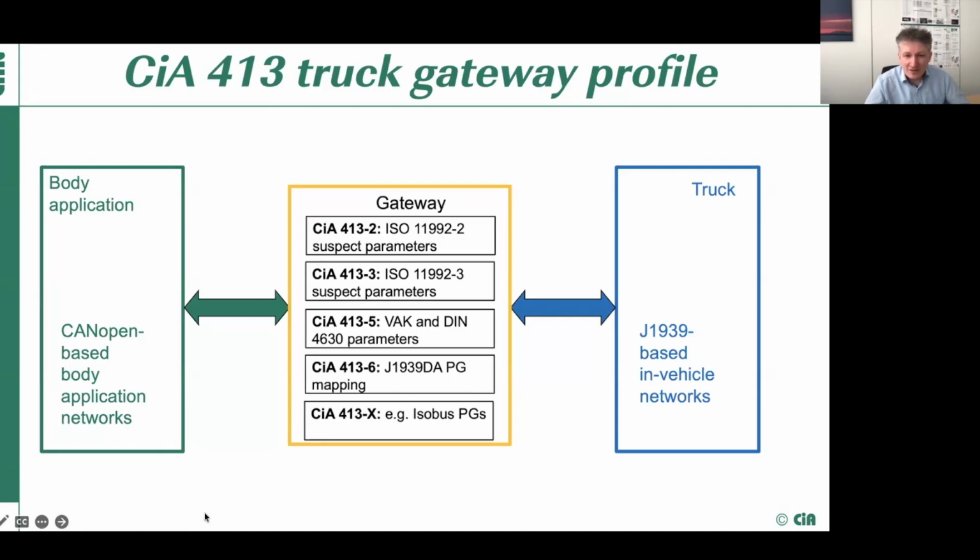And then finally, there should also be ISOBUS PGs located in there, so we can transpose and exchange data between the CANopen and J1939 networks in this truck gateway system.